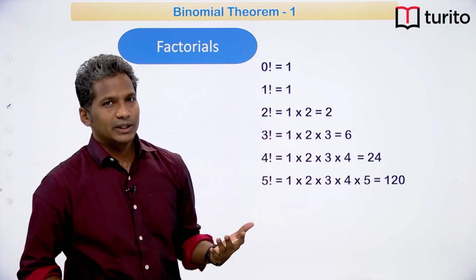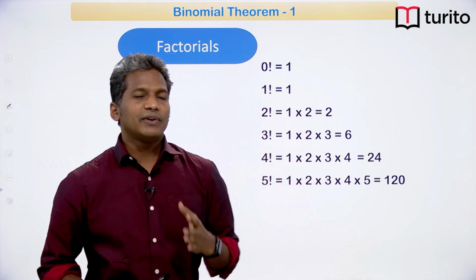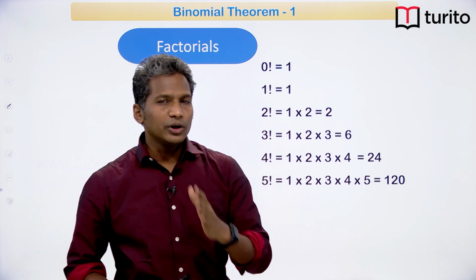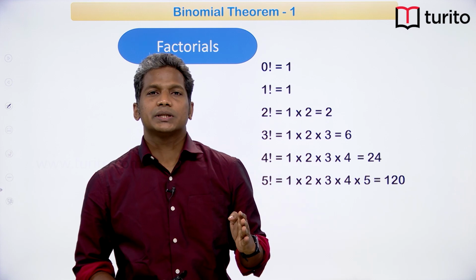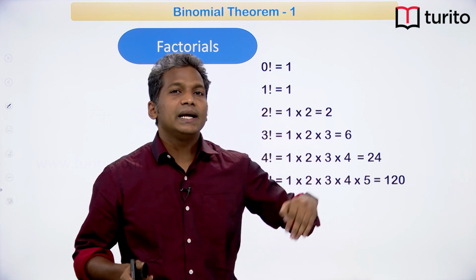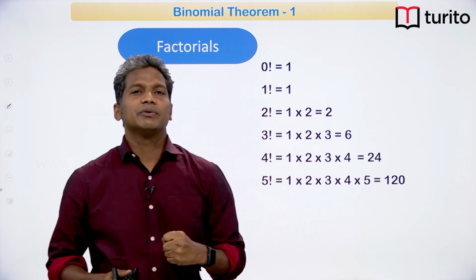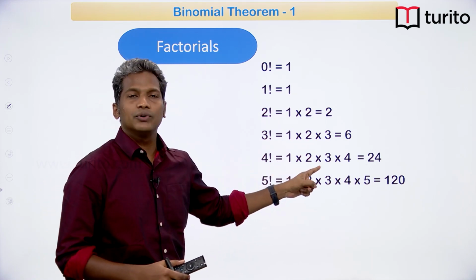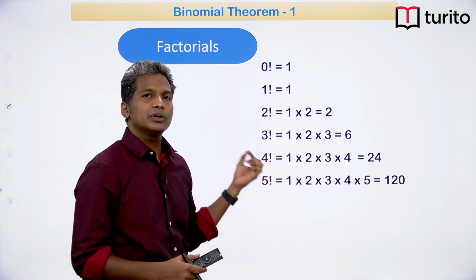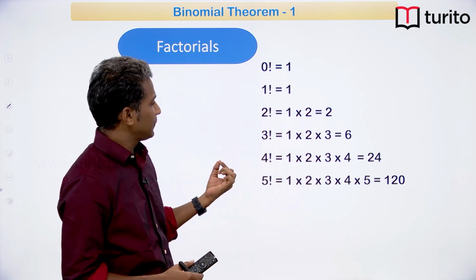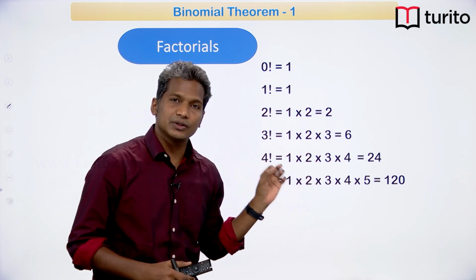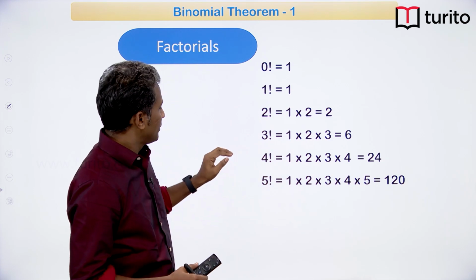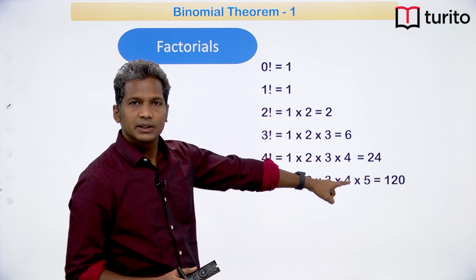What is a factorial? We can define factorial as the product of all natural numbers starting from 1 till n. For example, if I want 4 factorial, starting from 1 till 4, we have to take the product of all 4 numbers, and these must be natural numbers, remember this. So, 4 factorial is 24.